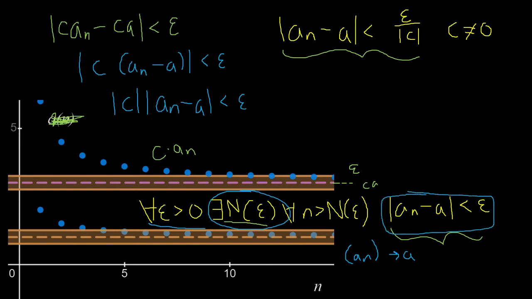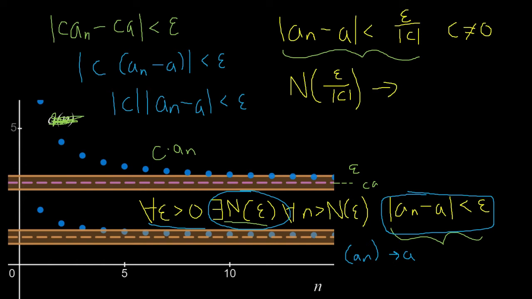Well, why don't we use that same natural number, that same magical N, for this new sequence? Let's choose N of epsilon over the absolute value of c.